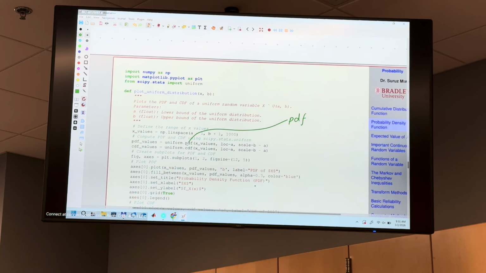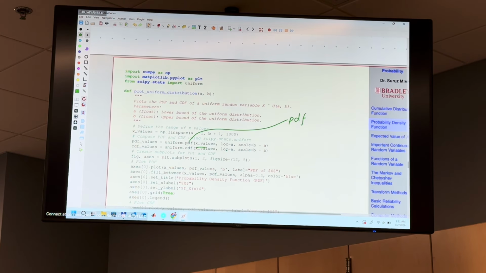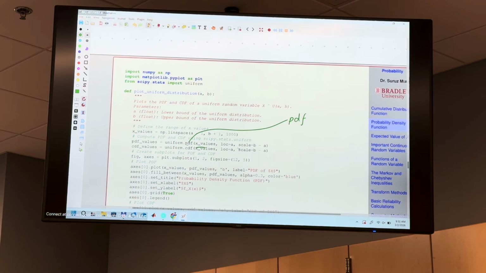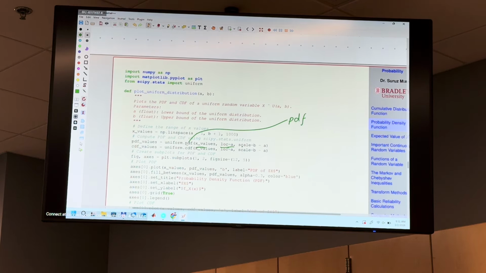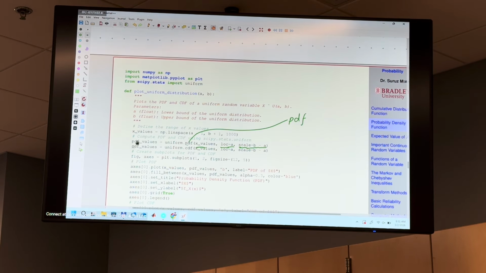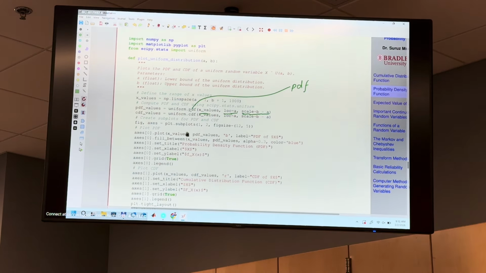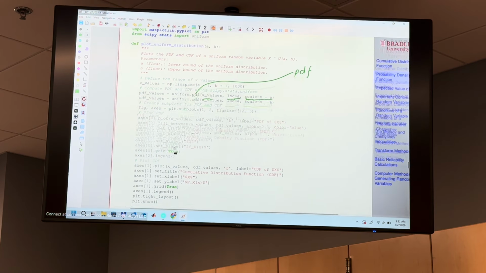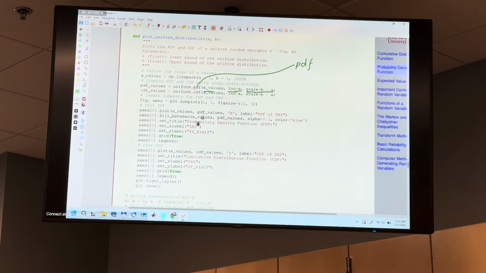There is a method already. All you need to do is get the x values, and then the scale is optional. So that's how you determine the PDF value and CDF value, and then you simply plot the x values against the PDF values and CDF values, the cumulative distribution function and probability density function.